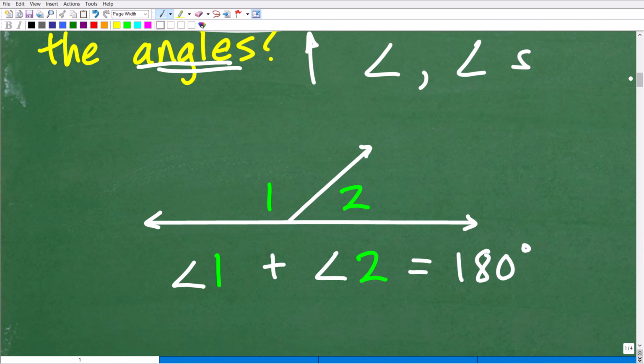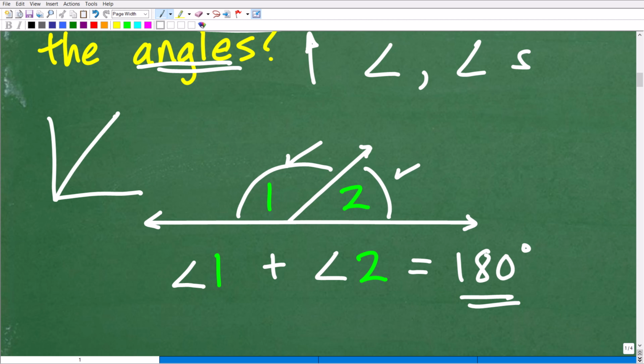It's super simple. Two angles are supplementary if their sum is 180 degrees and they're adjacent. I have this angle and this angle, and you can see this angle plus this angle will be 180 degrees. If you have two adjacent angles that add up to 90 degrees, like 1 and 2, these would be complementary angles.